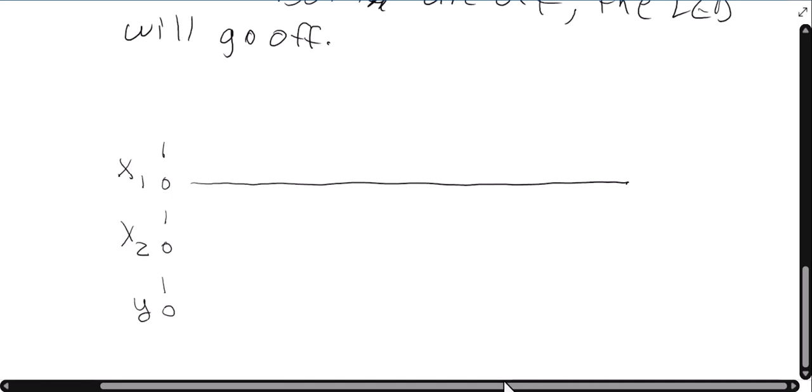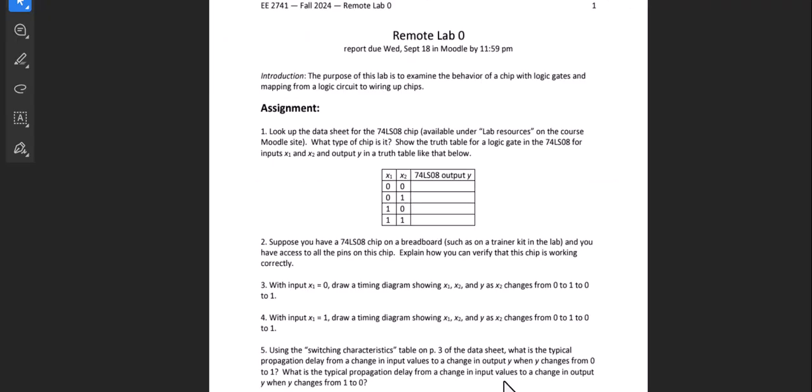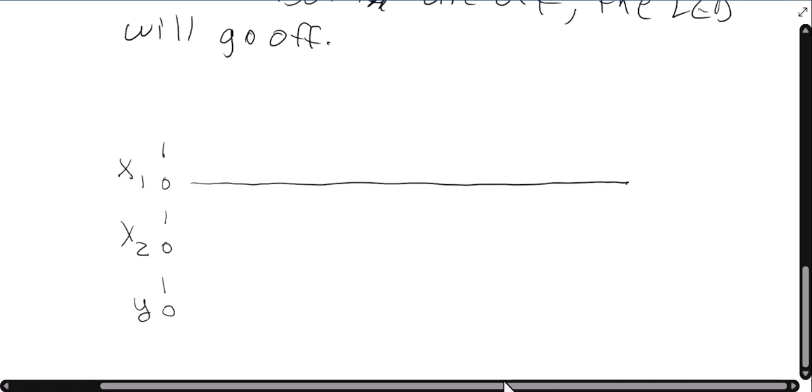And then x2, it says changes from 0 to 1. So x2 goes from 0 to 1 to 0 to 1.